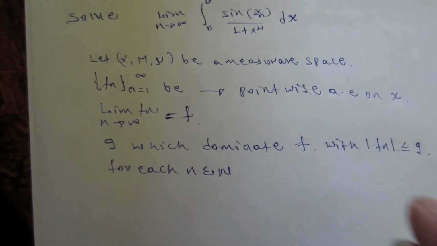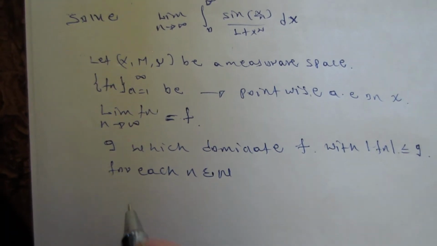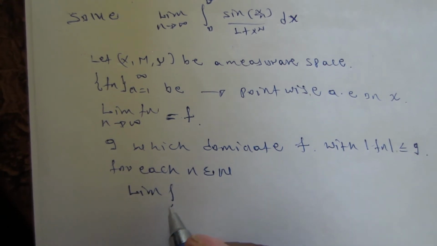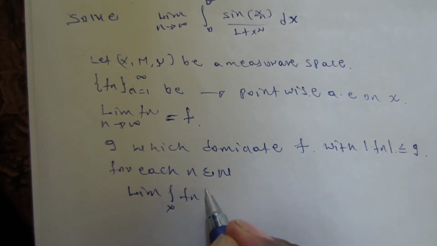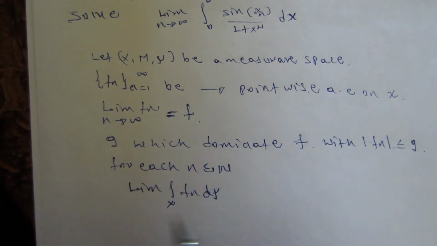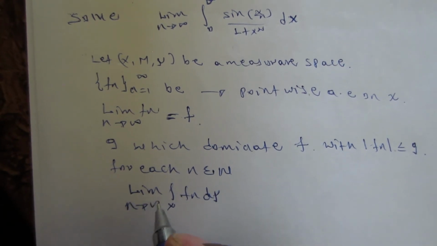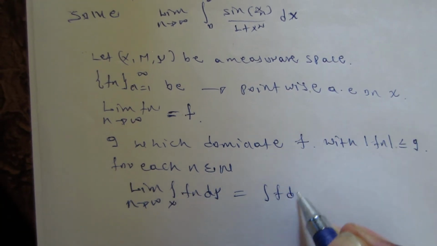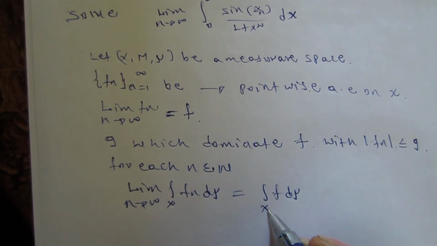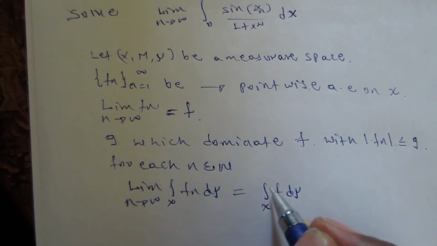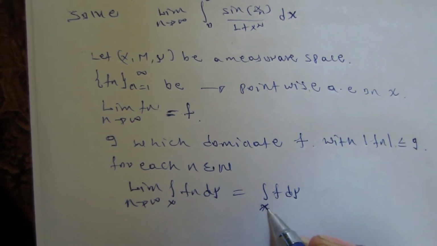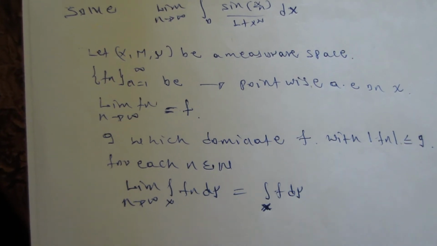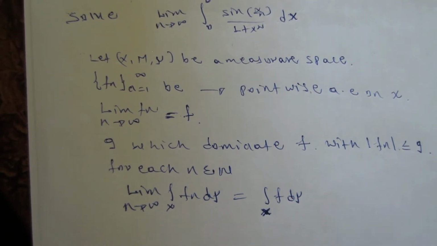The first one is that f is integrable, and the second one is that the limit of the integral over X of f_n d mu as n tends to infinity is equal to the integral of f d mu over X, besides that the integral of f_n d mu exists.